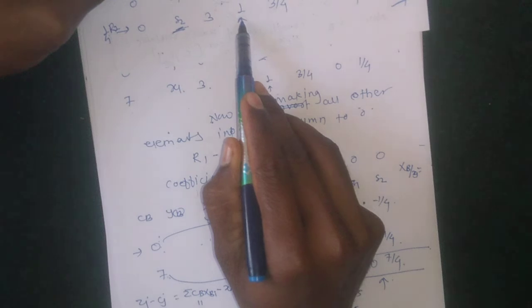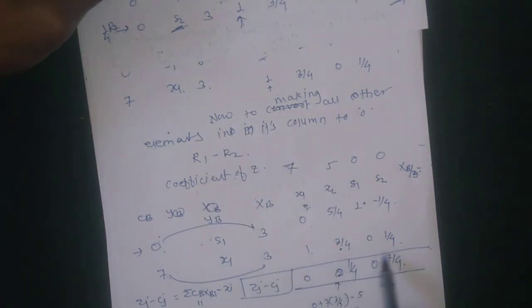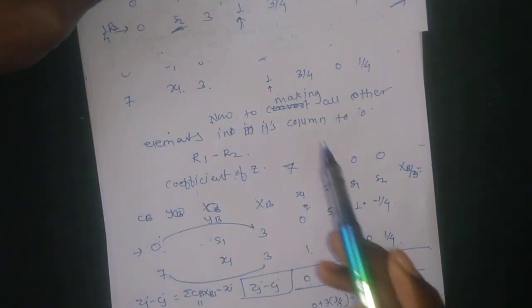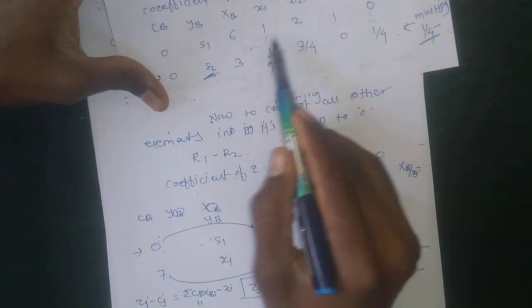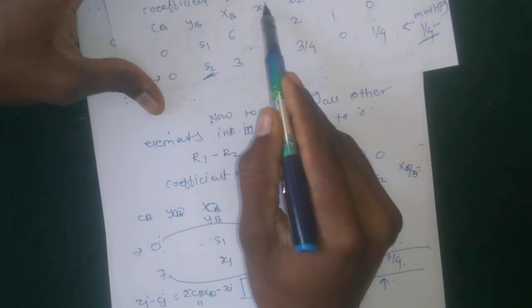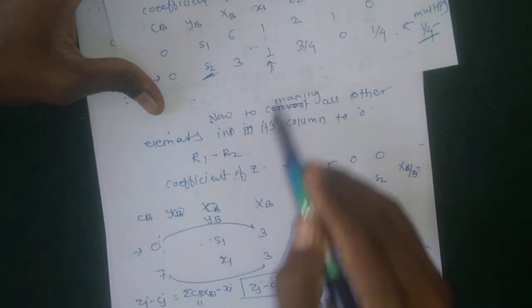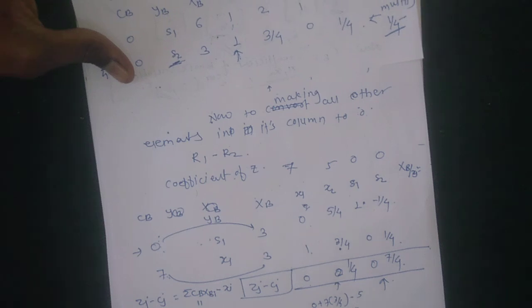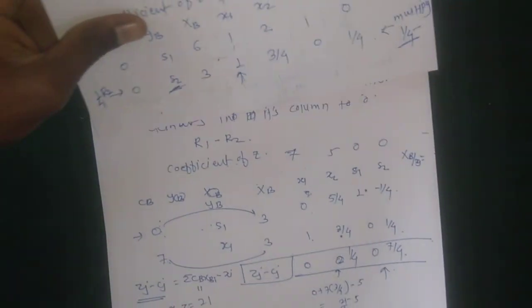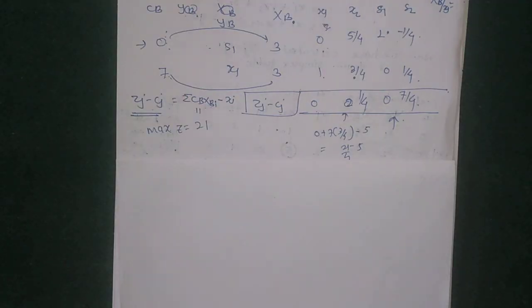First write the leading coefficient in this way. Okay, then directly convert this column into 0 and replace s2 by x1 in this way. So deleting three columns, there is no need to write them.